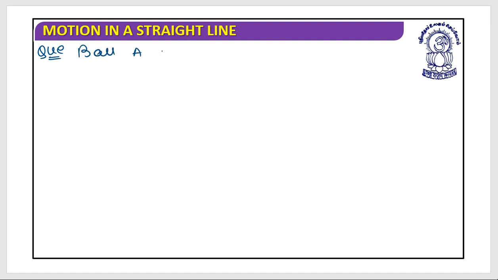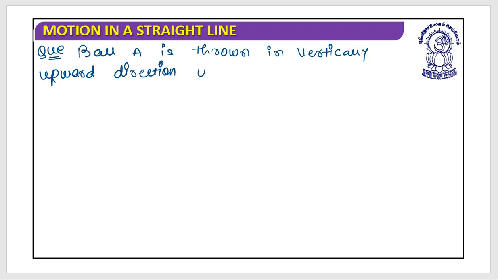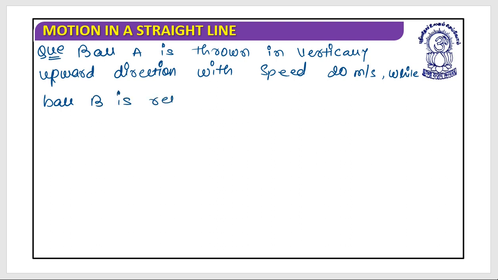The next question is: ball A is thrown in a vertically upward direction with speed 20 meter per second, while ball B is released from rest from a certain height h.